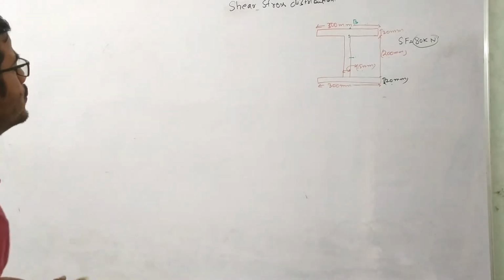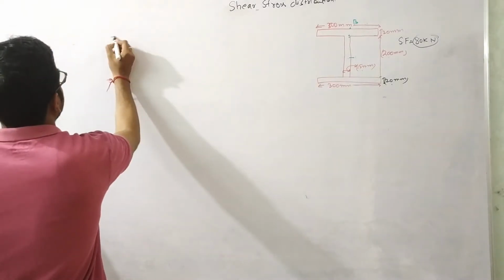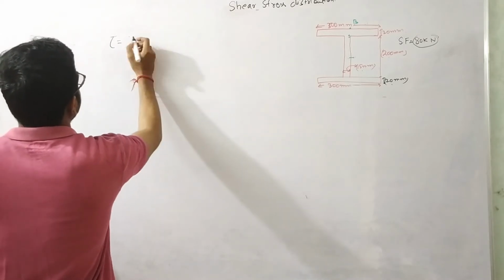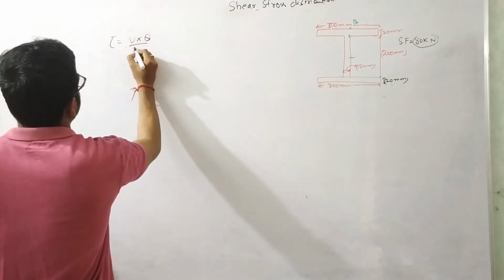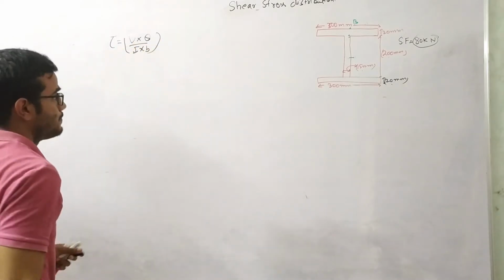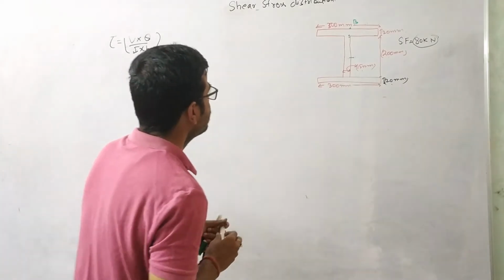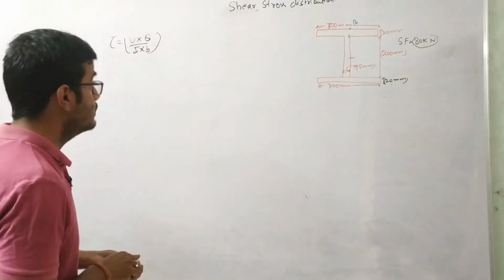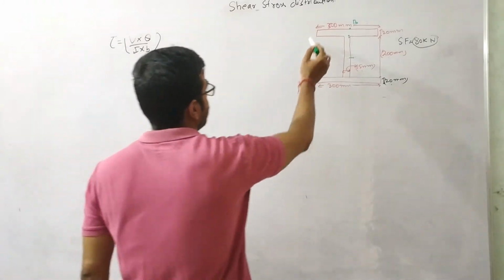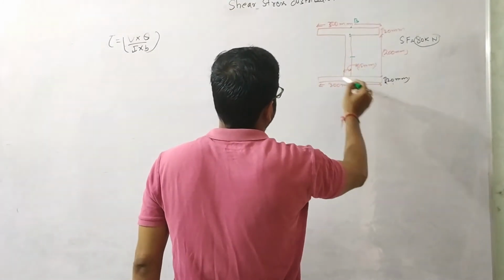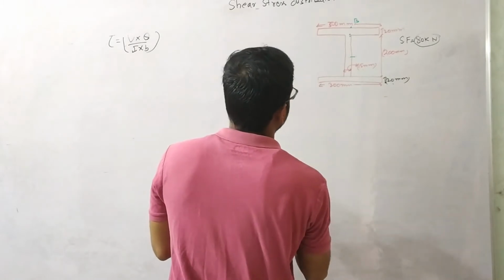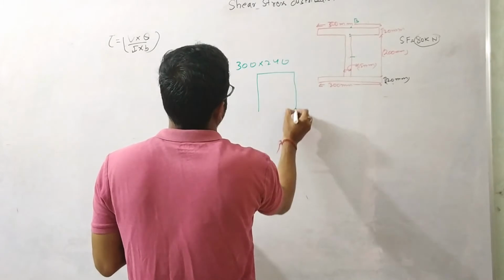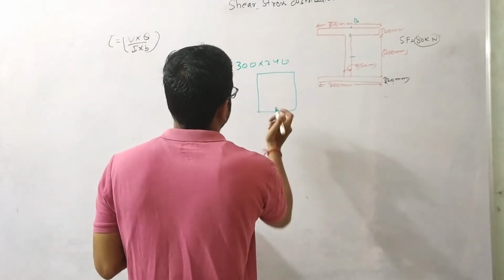First I will write the formula: tau equals V into Q over I into B. The shear stress distribution will be maximum at the neutral axis, that I know. If I consider this as a complete rectangle, 300 by 240, its shear stress will be maximum at the neutral axis.